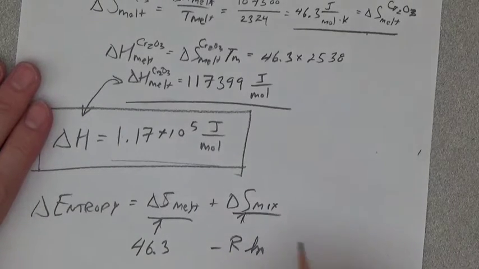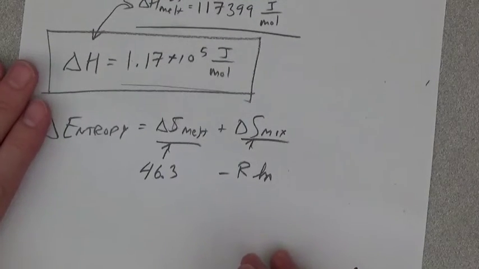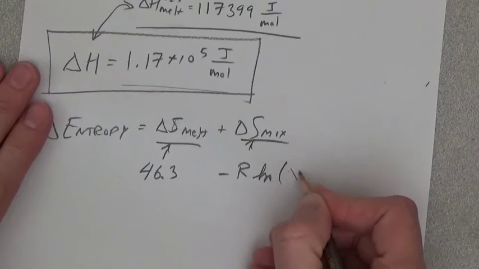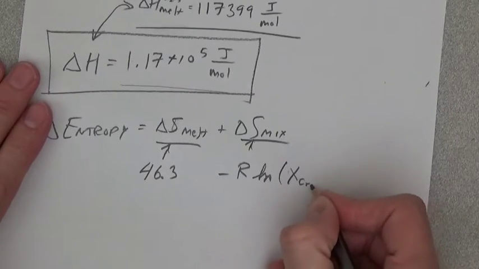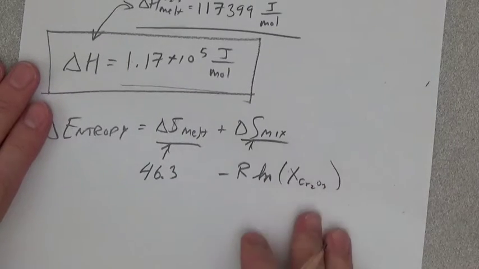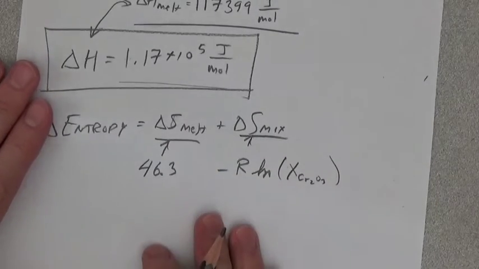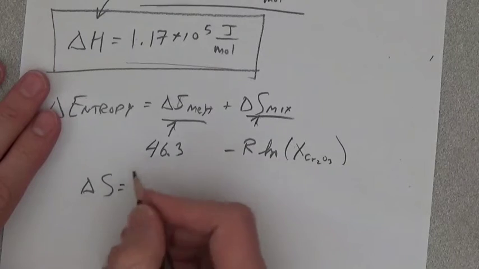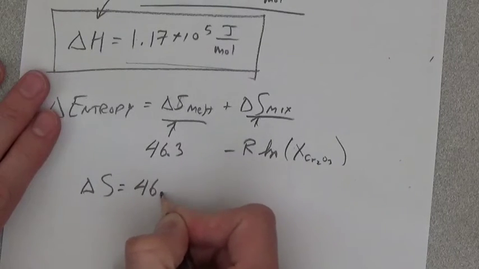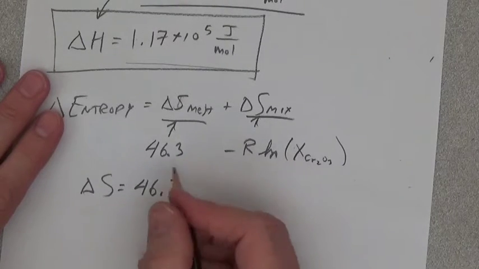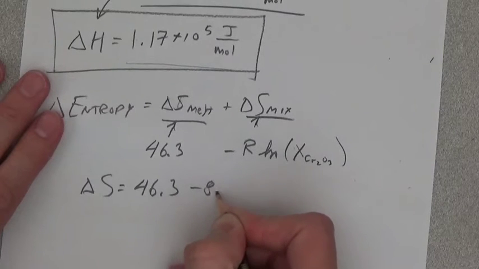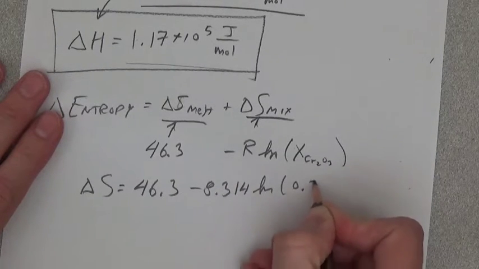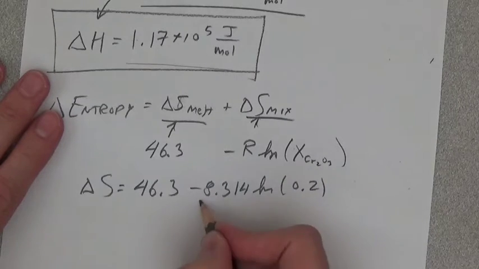In this case, the activity and the mole fraction are the same, so that's X of Cr2O3. So here we get delta S is equal to 46.3 minus 8.314 natural log 0.2.